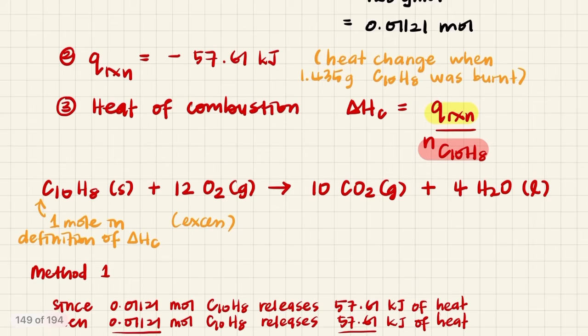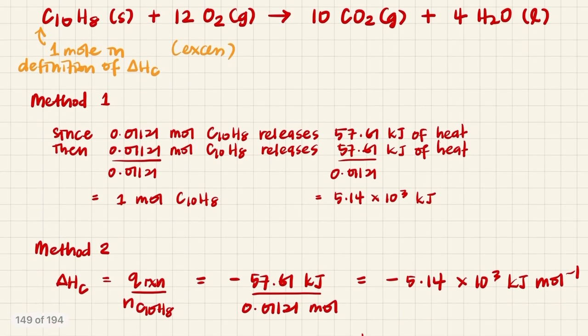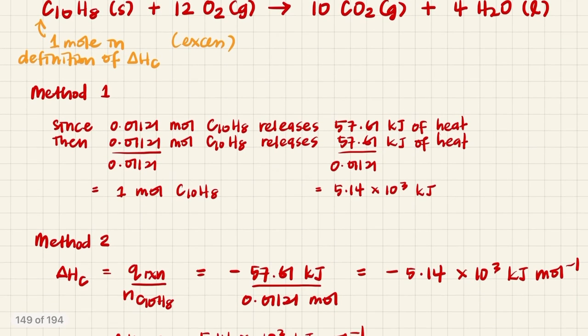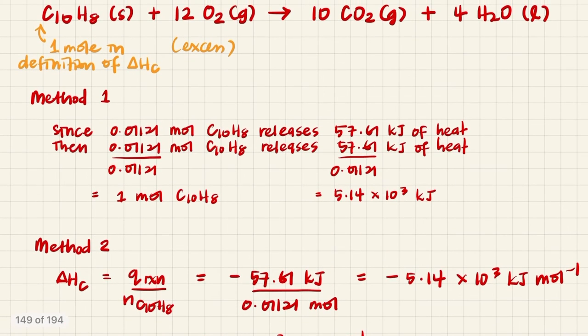So we have two methods to find your delta H, heat of combustion. You will need it to be in joule per mole atau kilojoule per mole. The first way is you have to write down the chemical reaction for combustion. For combustion, your substance will be burnt in excess oxygen to get carbon dioxide and water lah.